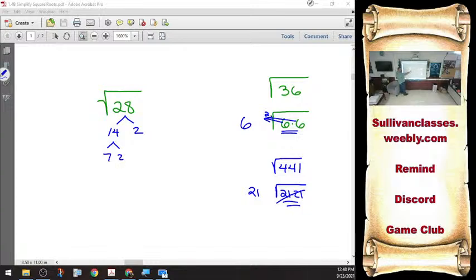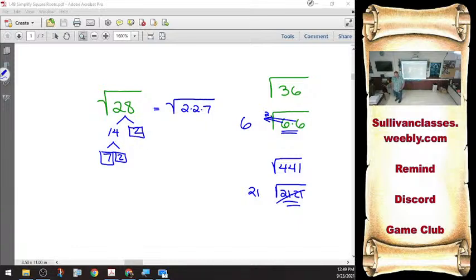What times what makes 2? 1 and 2. And 1 times something won't change. It's still a 2, right? 2 times 1. 2 times 7. I can rewrite square root of 28 as the square root of 2 by 2 by 7, because that's the stuff at the ends of my branches.